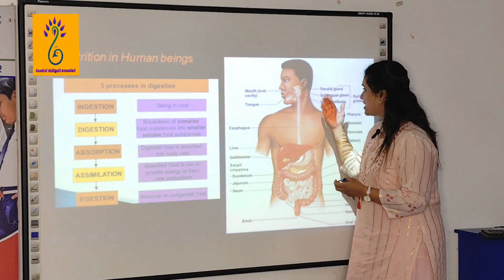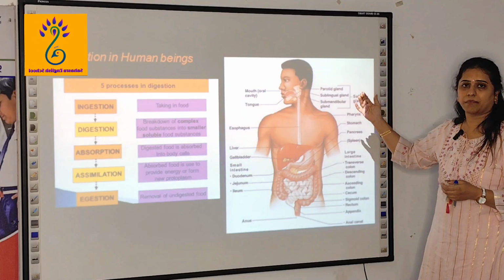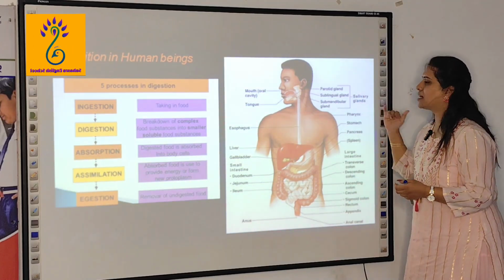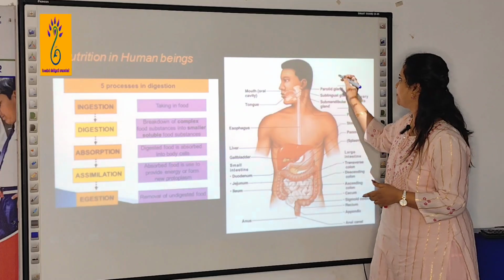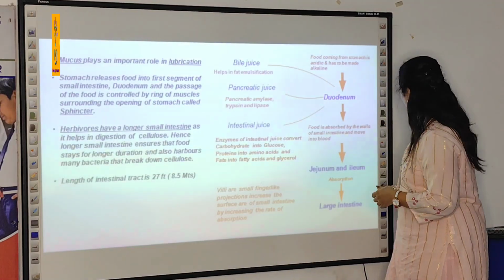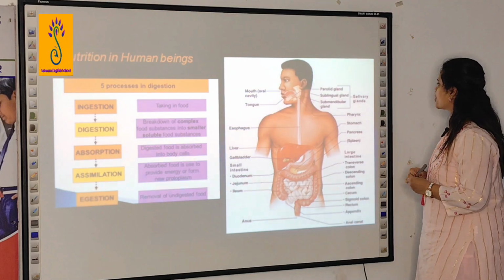Three salivary glands are present. They are the parotid gland, sublingual gland, and submandibular gland. These salivary glands produce saliva. What is the function of saliva?